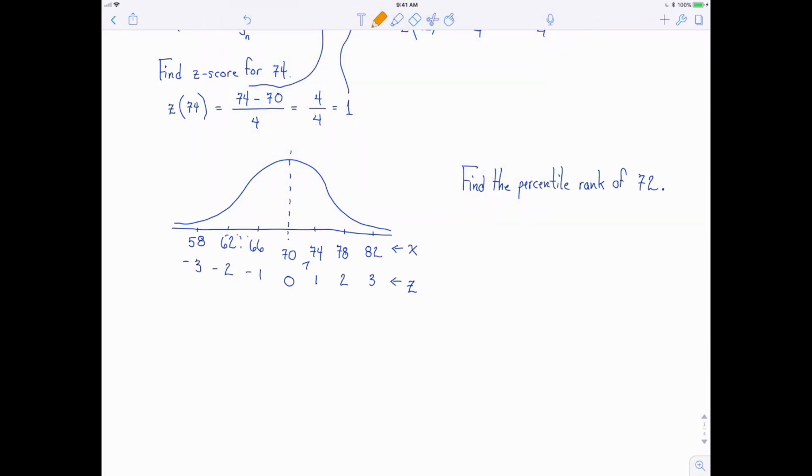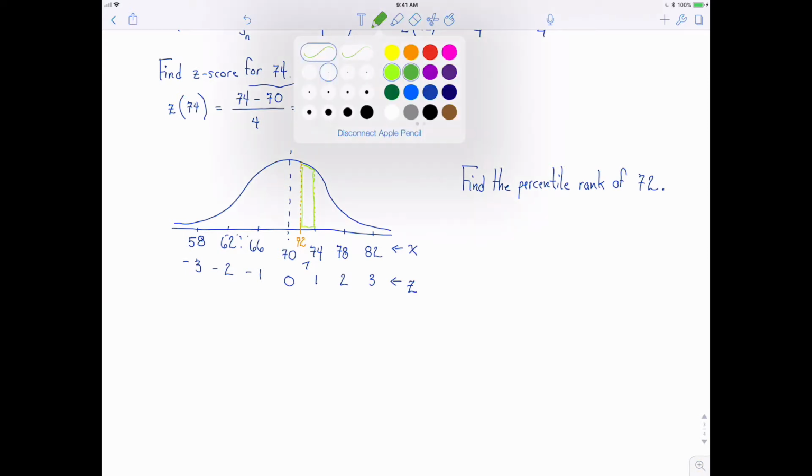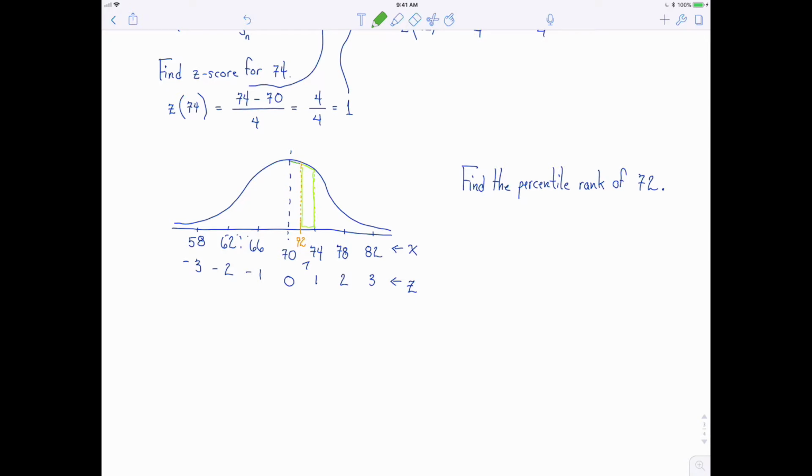I like the orange because we can see if you just eyeball it right here, 72 fits nicely right in between 70 and 74. But if we drew a little picture here, and I'm going to continue with my picture, notice that the area to the right, this little light green area, is smaller than this dark green area to the left.